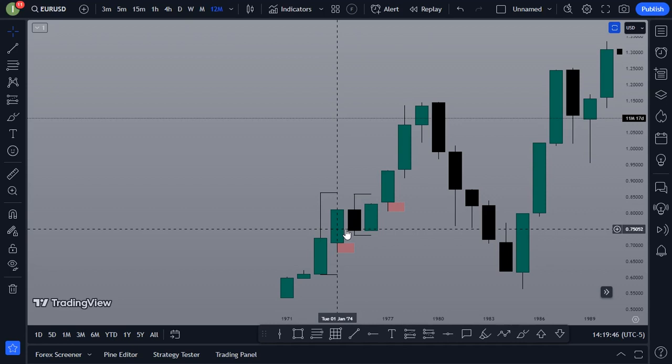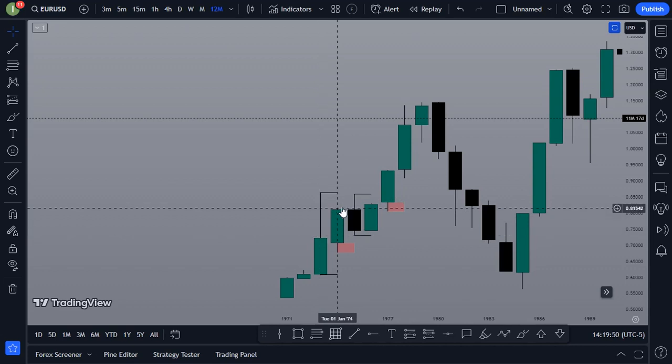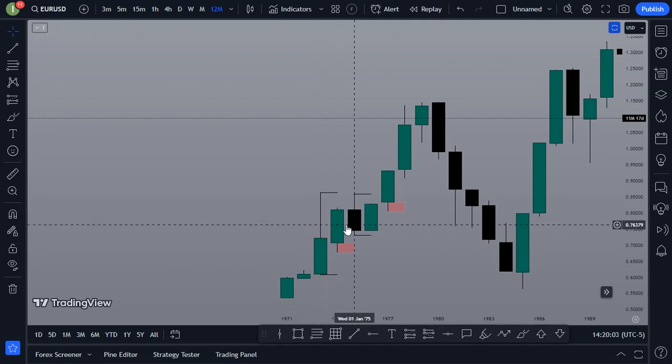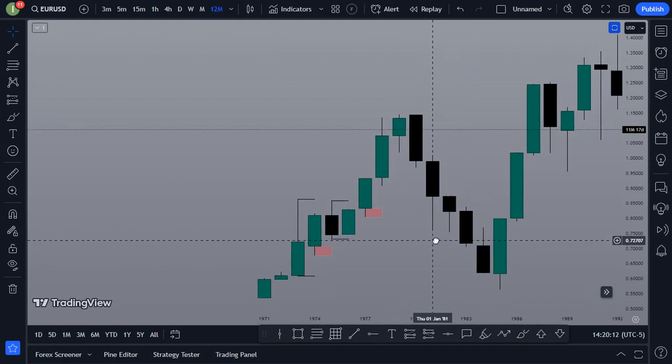So the main point of my finding is that when we have an inside bar candle on a yearly basis, the movement of price is only going to be one directional. This one was the odd one out, of course, but you're going to see all the examples that I found.